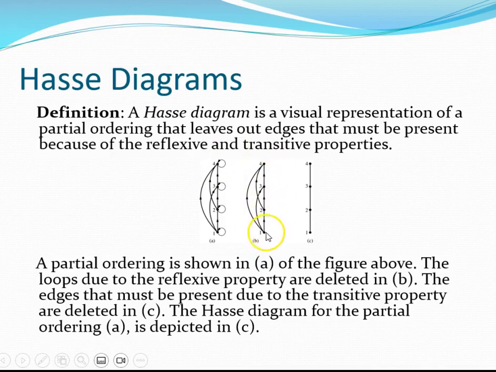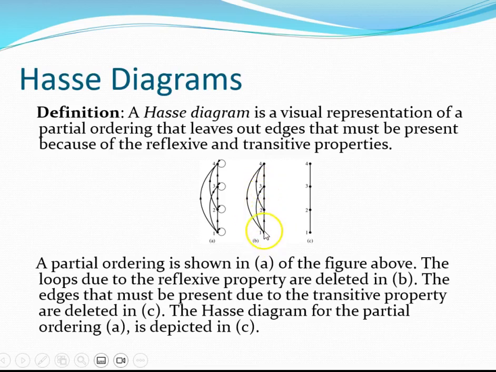Then this arrow from 1 to 3 must be here because we have an arrow from 1 to 2 and then an arrow from 2 to 3, and the relation is transitive.